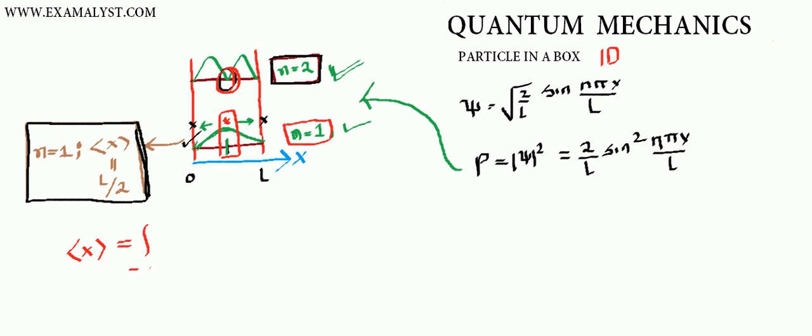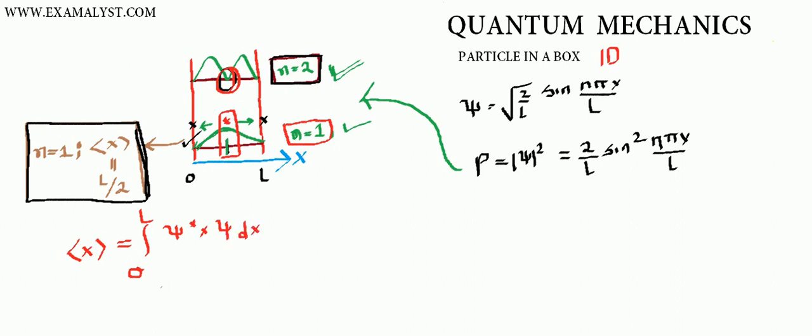You did an integration over the entire space. Here the entire space means from 0 to L, because we are not considering any space beyond 0 or beyond L. And then there will be a psi star. This was the definition, and from where we got this definition was also discussed. So psi star x psi dx.